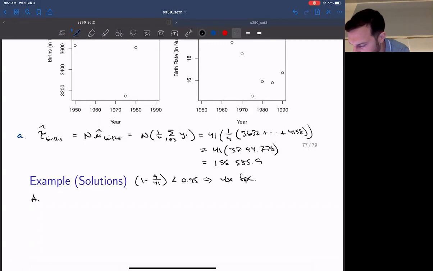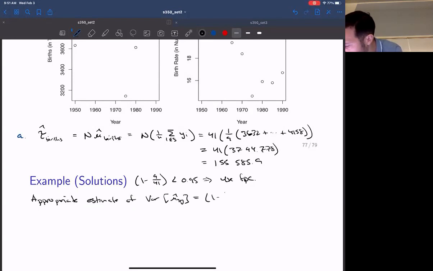And then we can say the appropriate estimate of variance of mu hat is equal to N squared, 1 minus little n over capital N times sigma squared hat over little n.